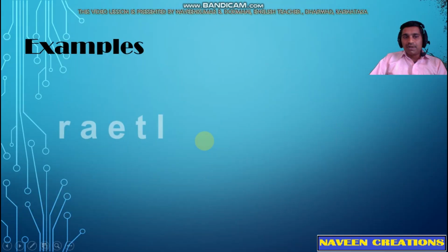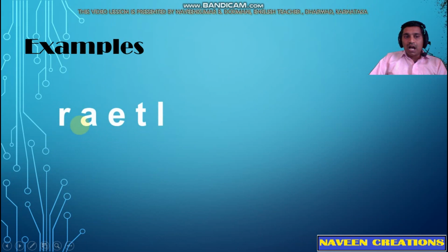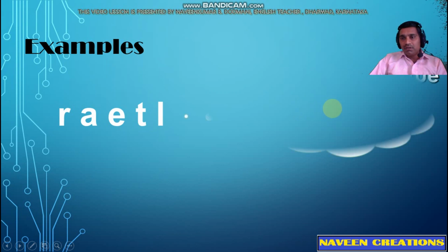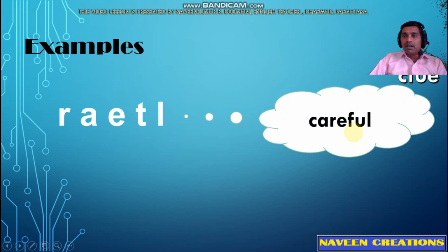The next question is R A E T L. These are the jumbled letters using which you should frame a meaningful word based on the given clue. The clue is careful. You should rearrange the given jumbled letters in the right sequence to make a word which is equivalent to careful in meaning.